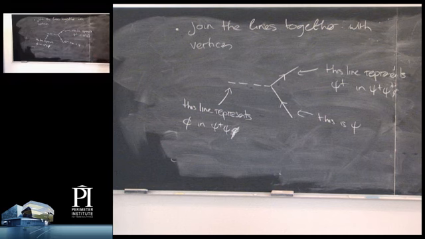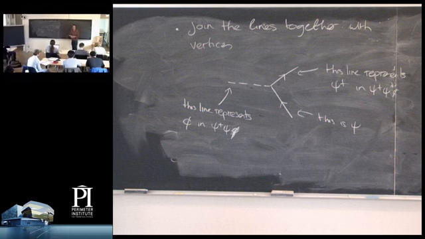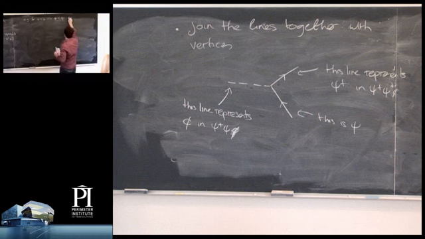Okay, so let me just give you some examples. So these are the rules for drawing the picture, and now I'm going to give you the rules for associating to each picture a mathematical formula. So for psi, 2 psi particles go into 2 psi particles.